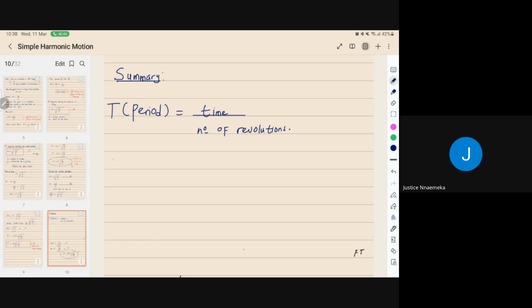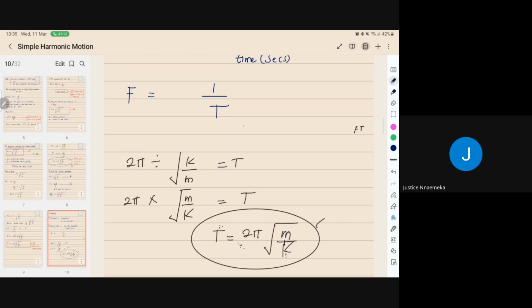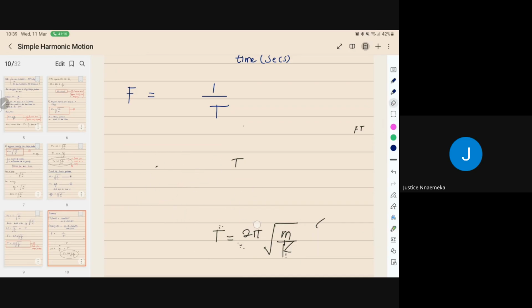I also want you to remember that frequency f is equal to the number of revolutions per second, and that f is equal to 1 over T. Also remember something very important: omega is 2 pi over T. That same omega is equal to 2 pi f.